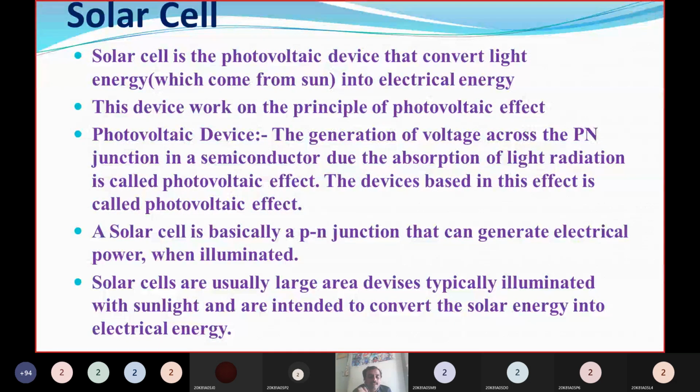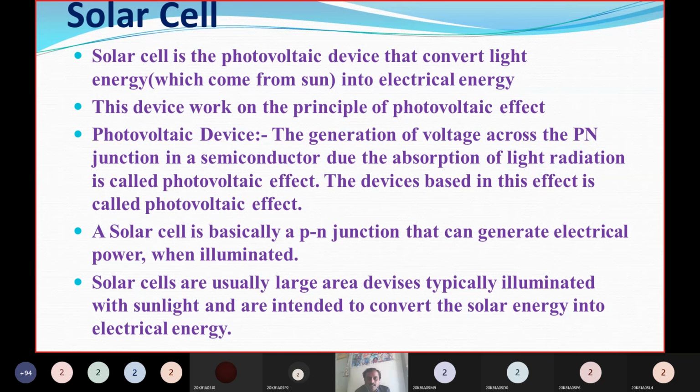That is the definition. A device based on this effect is called a photovoltaic device. Which devices work based on the photovoltaic effect, those devices we call photovoltaic devices. Once again I will repeat the definition of the photovoltaic effect.